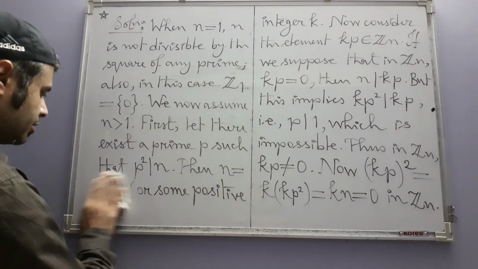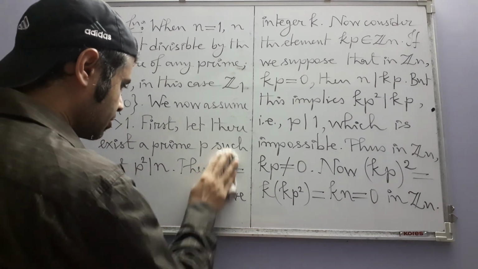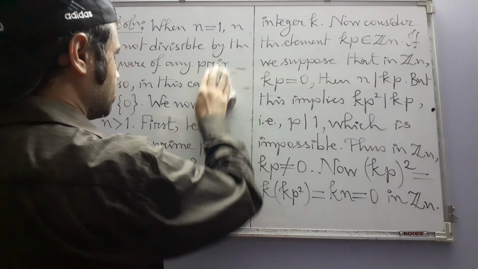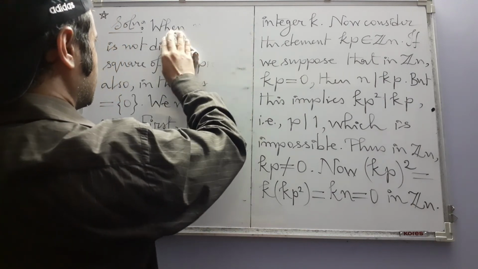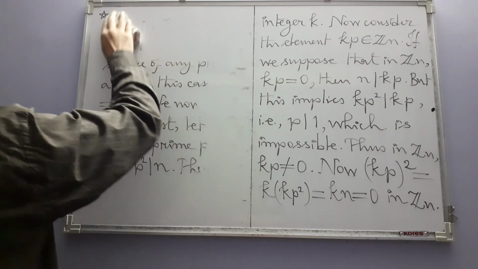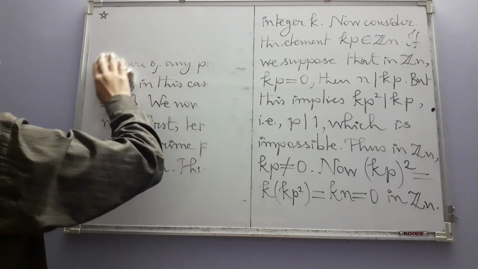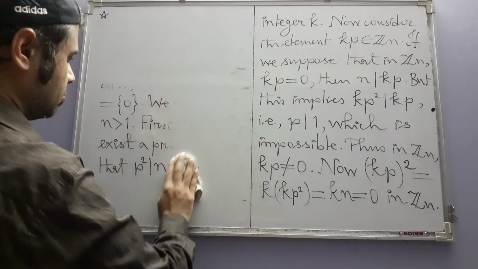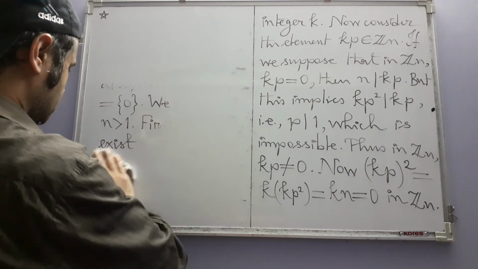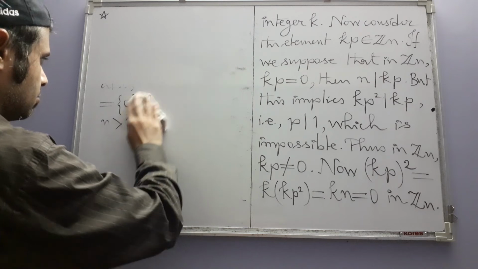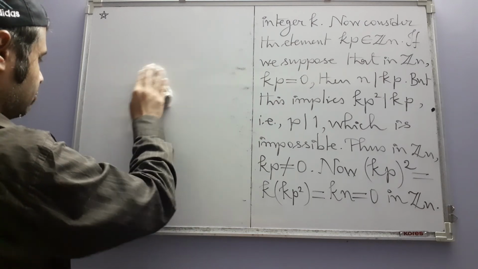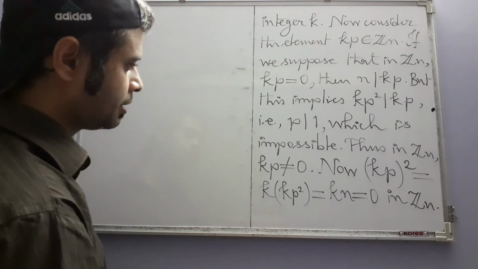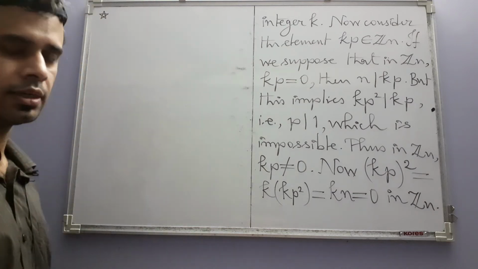But let's not complicate matters further and proceed just like this. So what do we have now? We have found a non-zero element kp whose square equals 0.